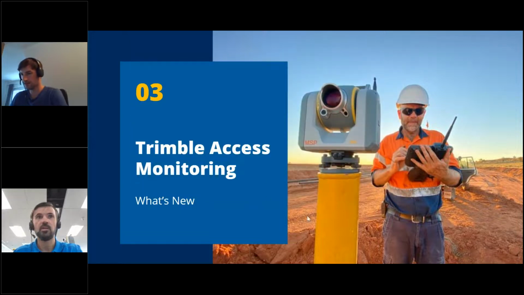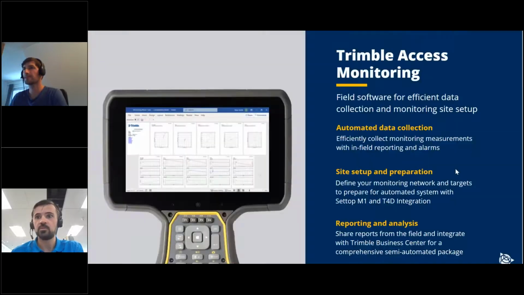All right, so now I want to talk about Trimble Access Monitoring. If you're not familiar with Trimble Access Monitoring, it's based on our Trimble Access field software platform, but it's a specific app for semi-automated or campaign-based monitoring, where you might be making repetitive visits to the same site, whether that's every day, every week, every month, every year, and you're collecting that data for essentially the same set of targets, and you want to derive displacement or movement information from those measured targets.